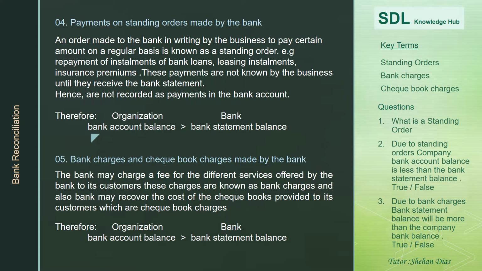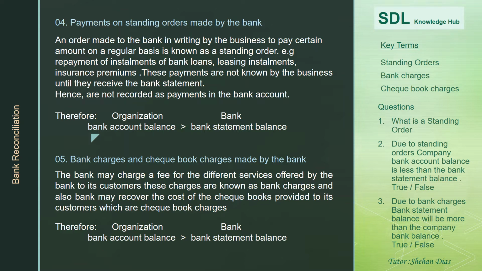Then the last transactions for the difference are the bank charges and the checkbook charges made by the bank. The bank may charge a fee for the services it renders and also will recover its checkbook cost from the bank account holders.